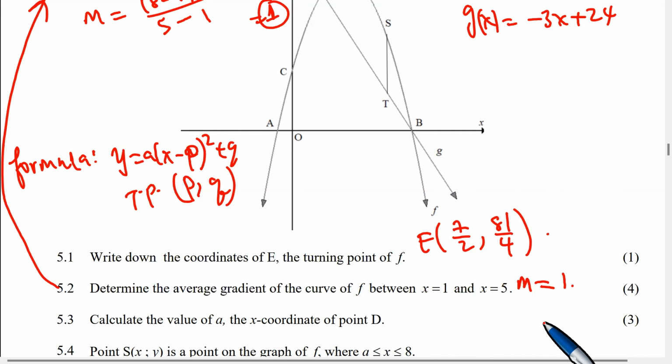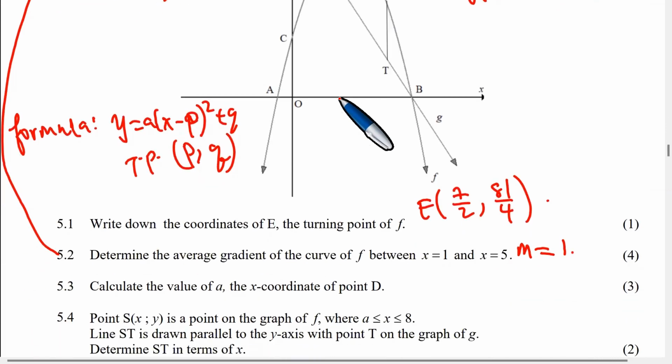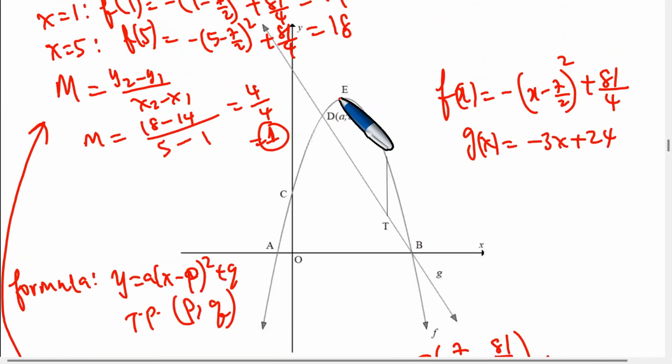Next, calculate the value of A, the x coordinate of point D. What is A here? The x coordinate of point D, for 3 marks.